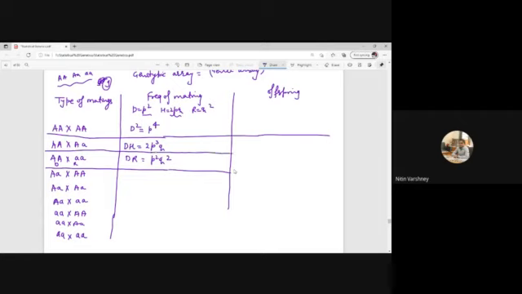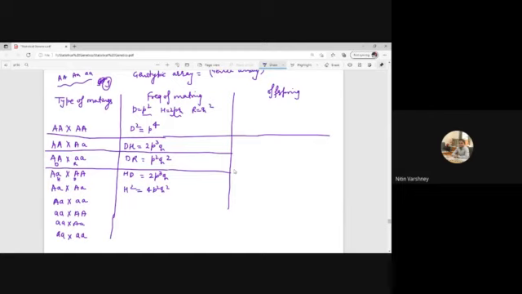Then capital A small a crossed with capital A capital A, so this will be HD, and HD will be 2P to the power 3 Q. Similarly, capital A small a crossed with capital A small a, so this will be H square, and this will be 4P square Q square, because H is 2PQ.